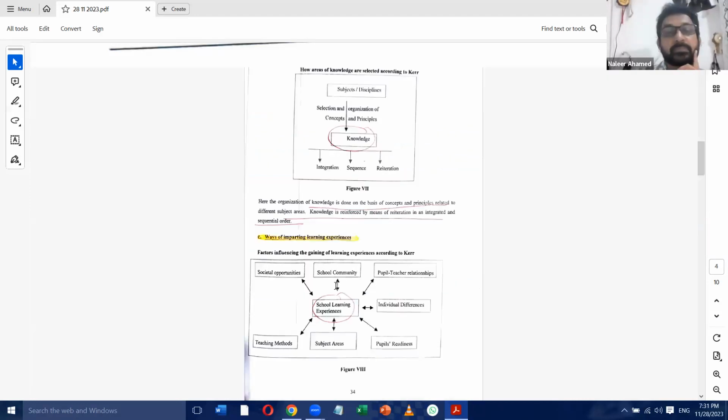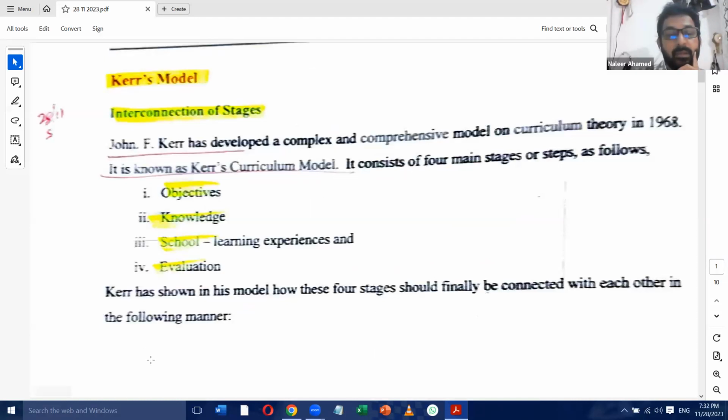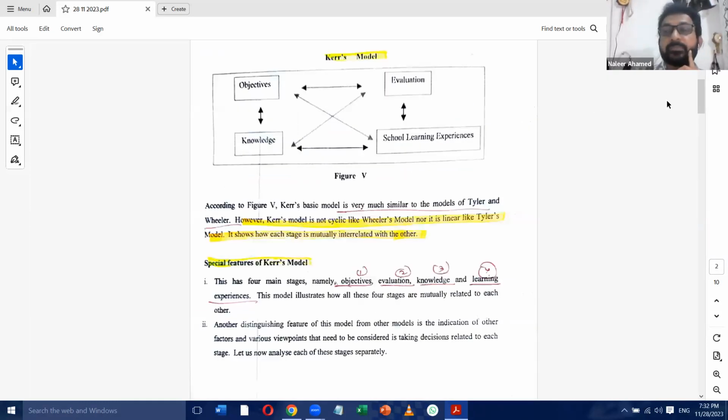In Kerr's model, you can see on the screen all four elements of his model are interconnected.